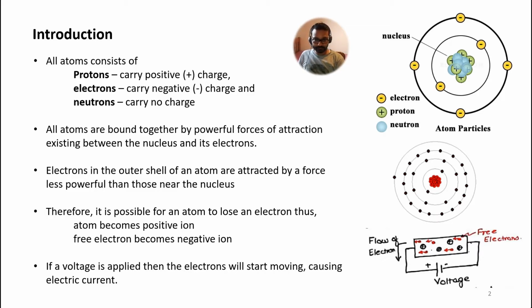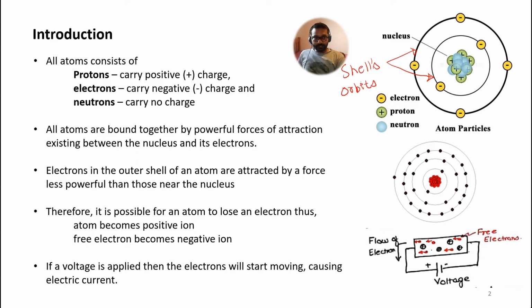So either you can call them shells or orbits, in which these electrons revolve around the nucleus.